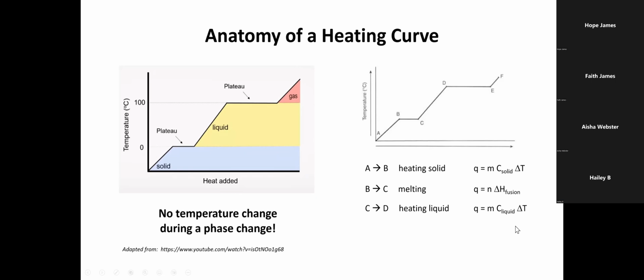All right, what's going on between D and E? Well, it's flat again, so we're not heating anything. What are we doing? Yeah, we're boiling it. We're vaporizing it. So we're turning things from a liquid into a gas. So what do you think we need to know here? What information do we need?